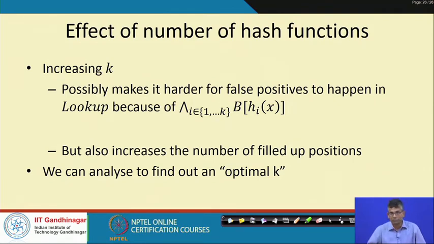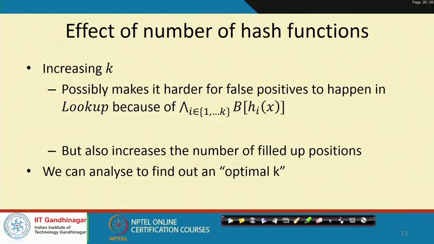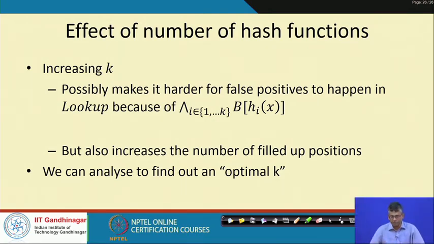However, it is not as straightforward, unfortunately, because if you increase k, then you are filling up more and more of this bit array, right. So, in the extreme case, if k equals n, even one element turns on all the bits, right. So, therefore, increasing k is not always good. And then the next question is, is there an optimal way to choose this k, right?